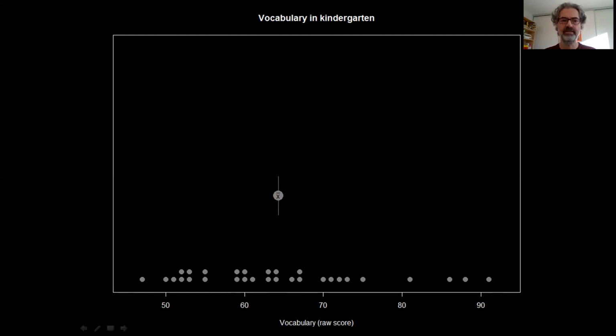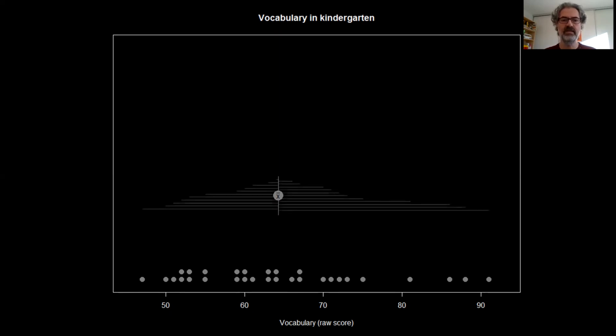And the distances of the actual data points from the mean, if you recall, are called the deviations, and are these lines. So this first line represents the distance of the lowest data point from the mean. And then the next line represents the distance of the next data point from the mean, and so on.